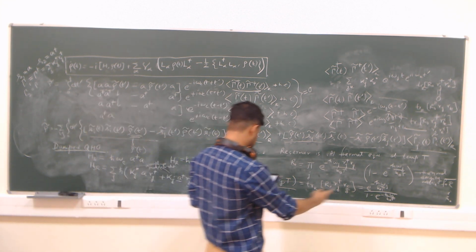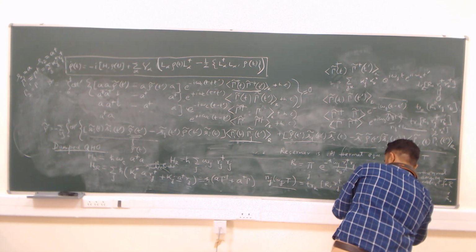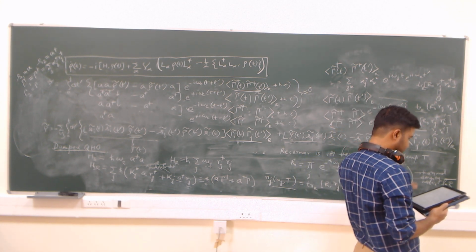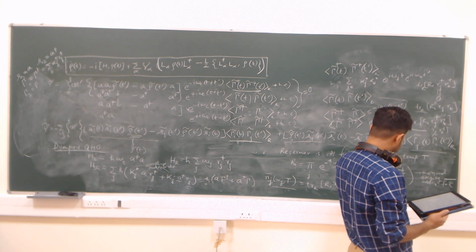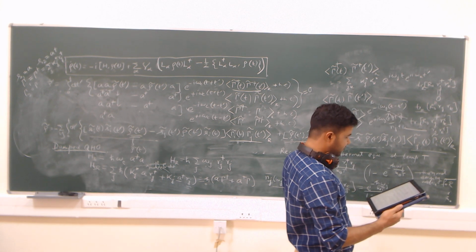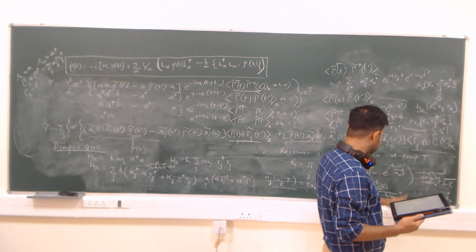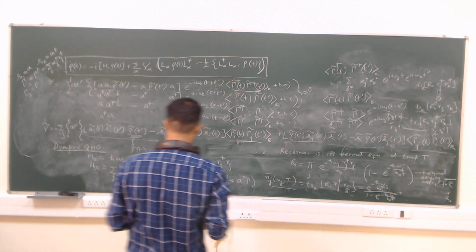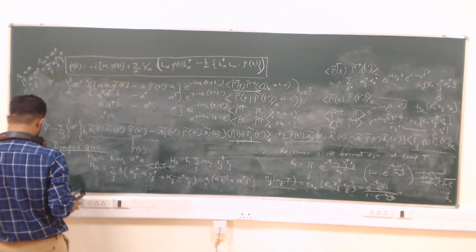So this number you can think of as being the bosonic occupation number of an oscillator with frequency omega_j in thermal equilibrium at temperature T, which is telling us about the bath at thermal equilibrium.